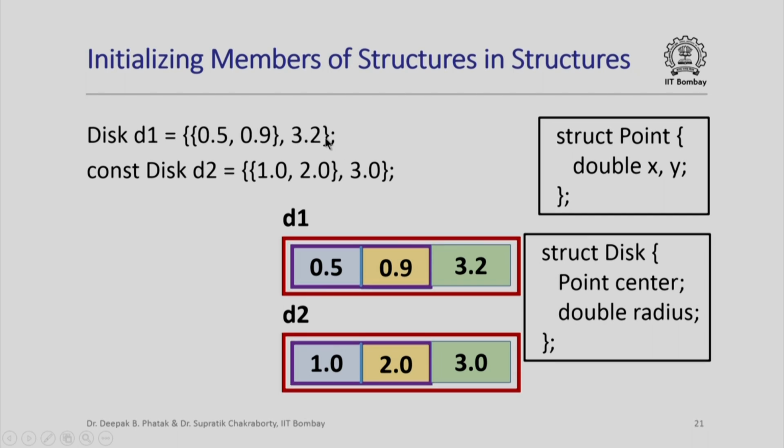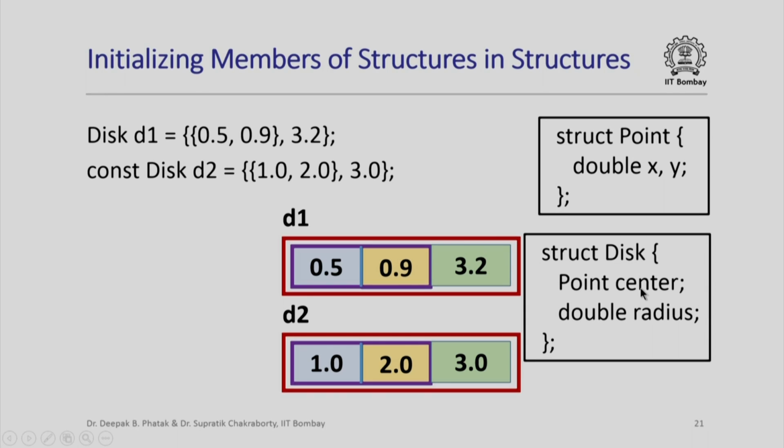Within the outermost pair of braces, I am going to specify the initial values of the different members of the structure type disk in the same order in which they appear in the definition. So, the first entry here, which is once again something enclosed within a nested pair of braces, is the initial value of center. Note that center itself is like an object of structure type point.